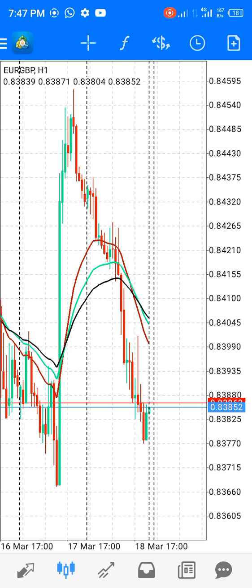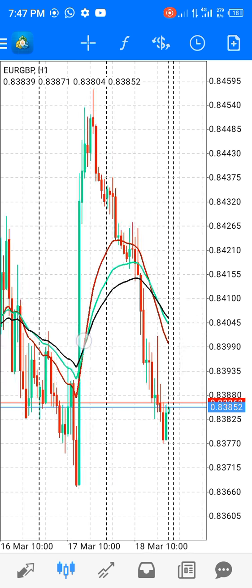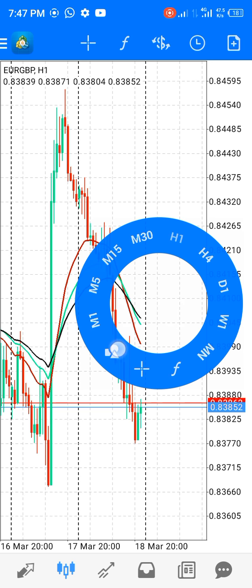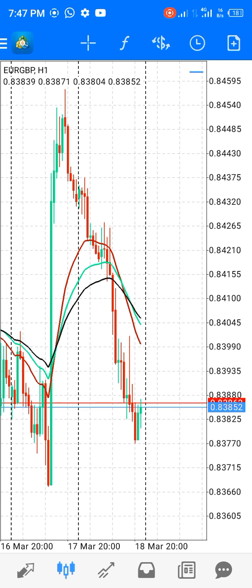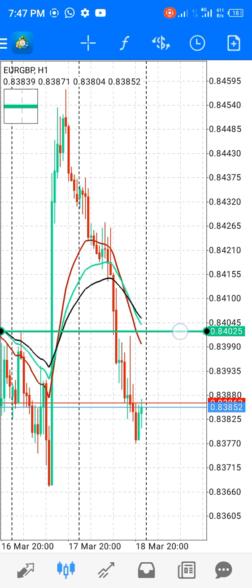Now, Euro GBP is setting up for an entry. You can see that the moving averages have crossed over. So what we wait for now is for price to pull into the moving average, the red and the green one.